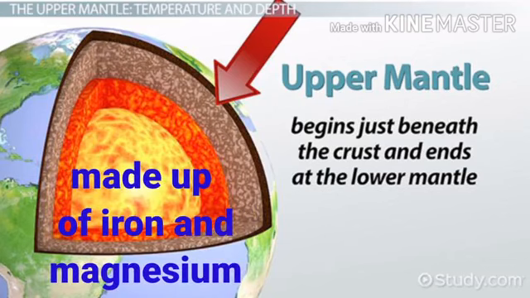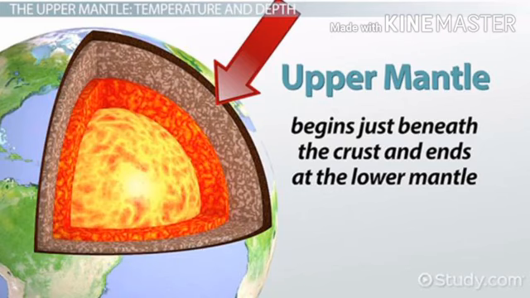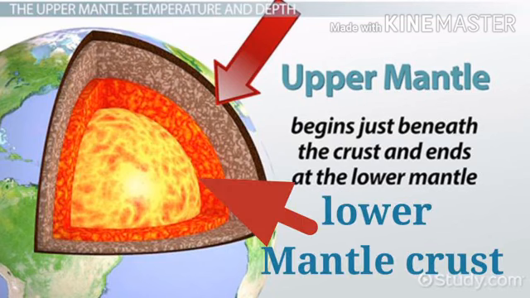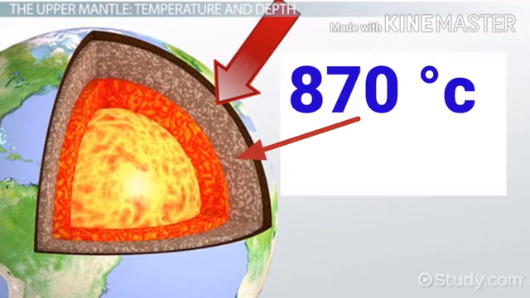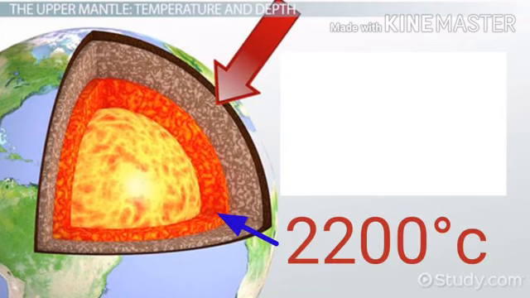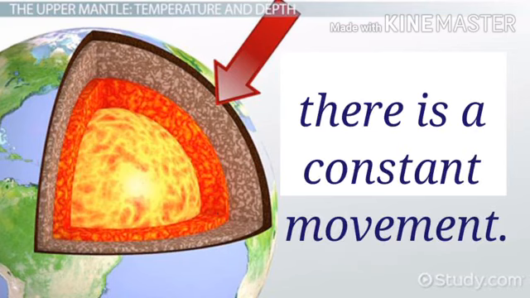The upper mantle is in solid state and the lower mantle is in semi-molten condition. The temperature in this layer ranges between 870 degrees centigrade in the upper mantle to 2200 degrees centigrade in the lower mantle. It is believed that there is constant movement in the mantle, with the cooler matter sinking down and the hotter matter forming the upper part of the mantle.